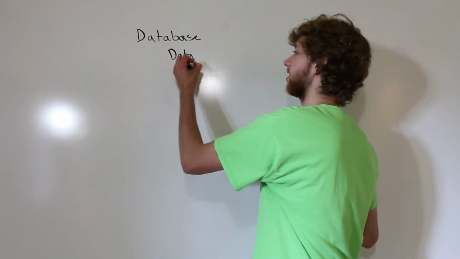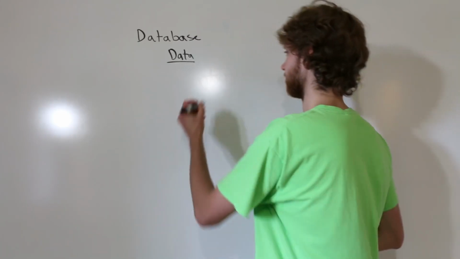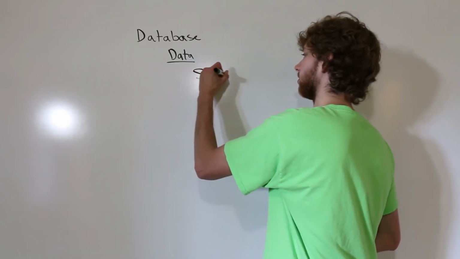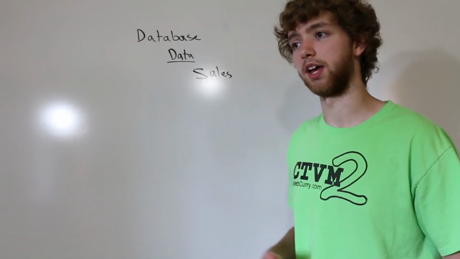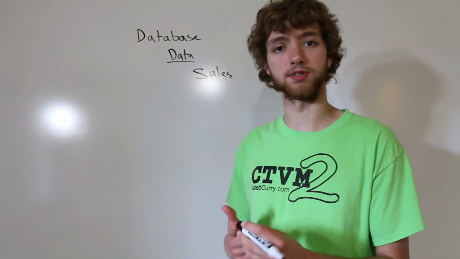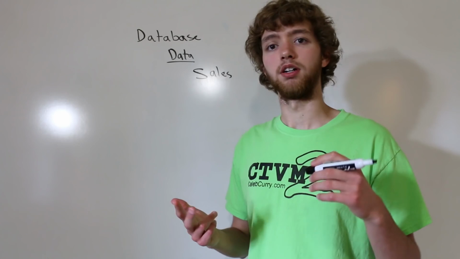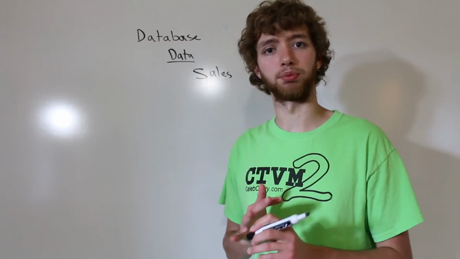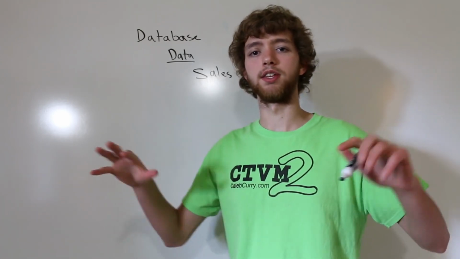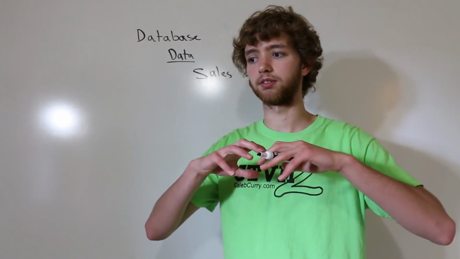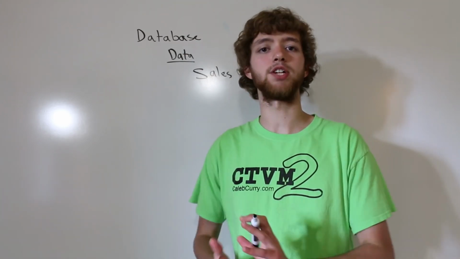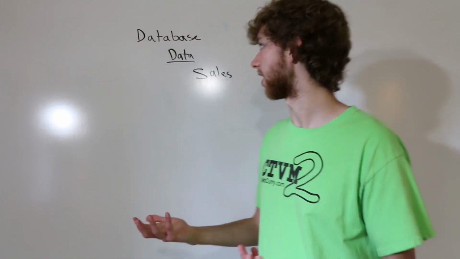The data we could store in that situation would be the sales. And we would store information about those sales, such as when the sales occurred, how many, who bought it, what the price was, and so forth. And then we can put all that data together and get a final summation of what the sales are like, and you can make business decisions off of that data.